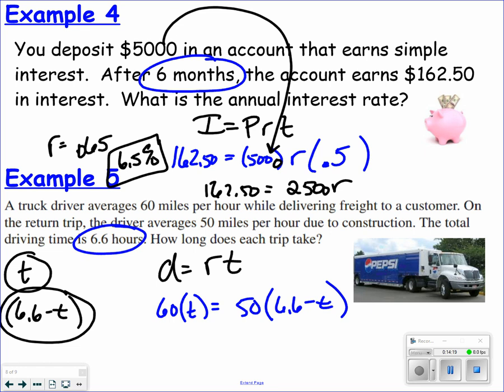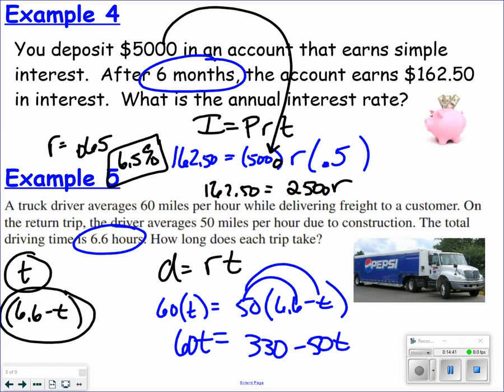Solve now. So I have 60T equals, I'm going to distribute, so 50 times 6.6, which is 330 minus 50T.